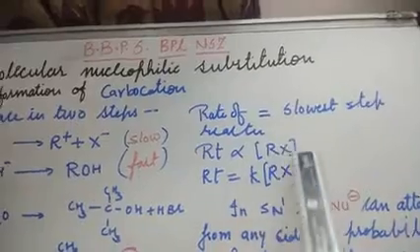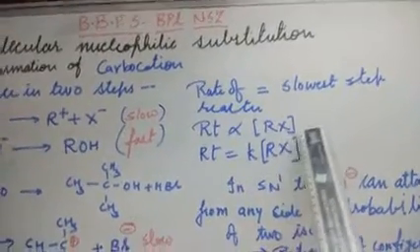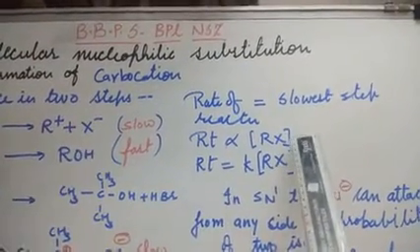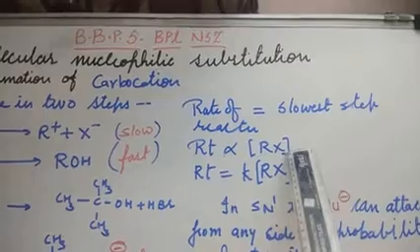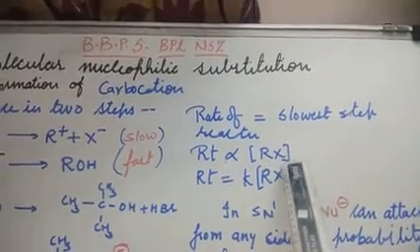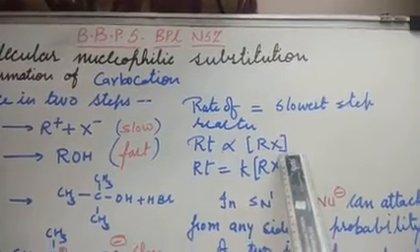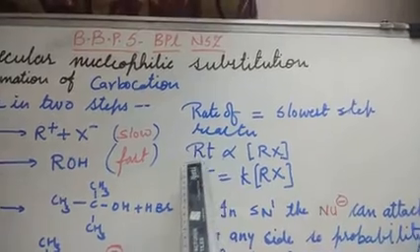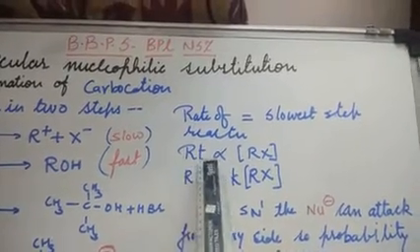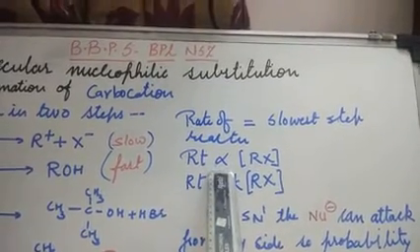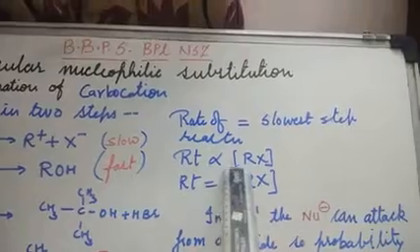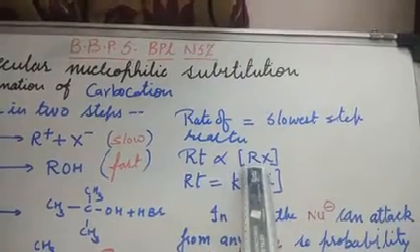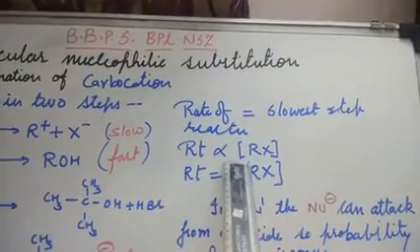This square bracket, students, I am reminding you, shows active mass or the molar concentration in moles per liter. So according to the law of mass action we studied in 11th class, the rate of the reaction is directly proportional to the molar concentration or the active mass of the reactant at that time.